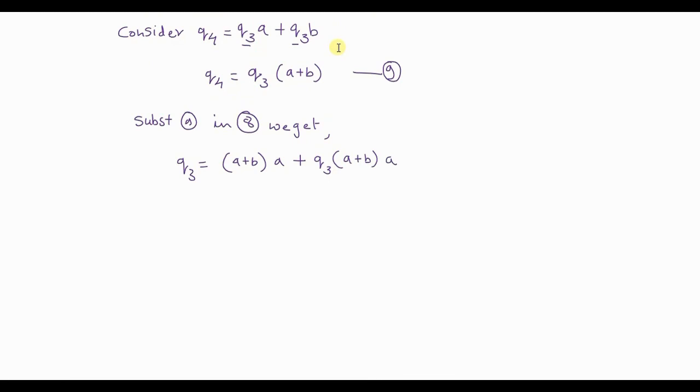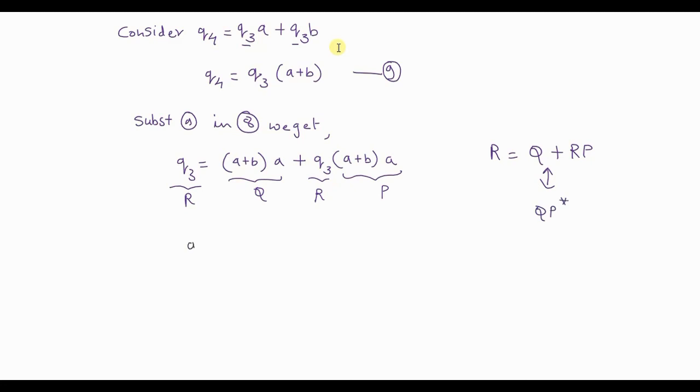Next we see whether it is of the type R equal to Q plus RP. It is indeed of the form R equal to Q plus RP, which can be written as Q P star.